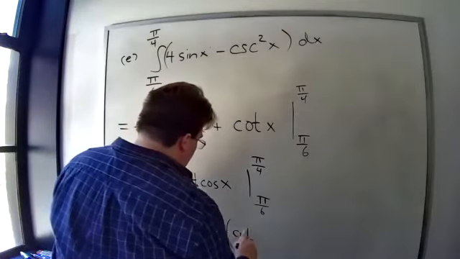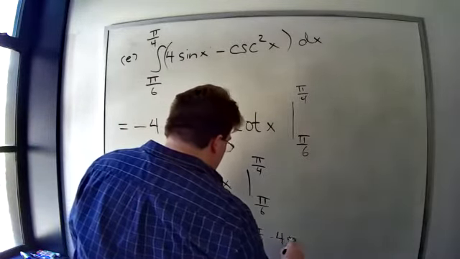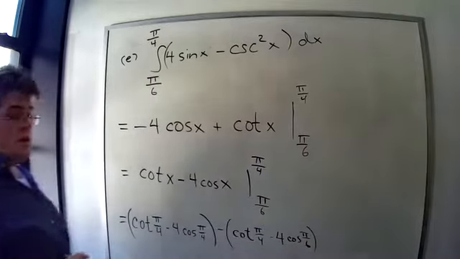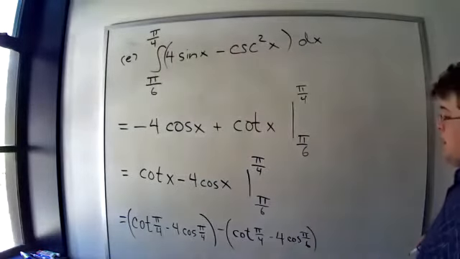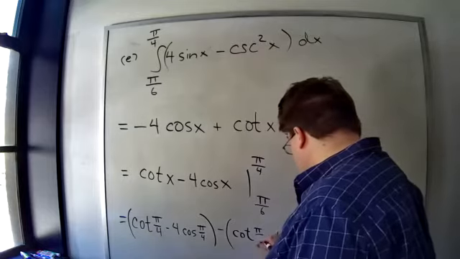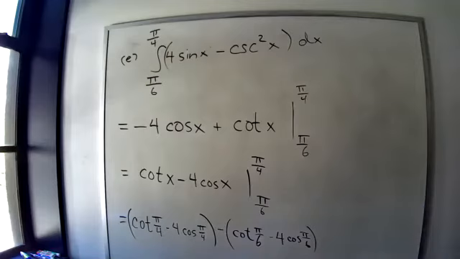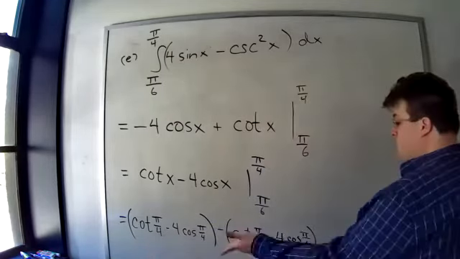So minus the cotangent of pi over 6 minus 4 times the cosine of pi over 6. And what do we get here? Well, we need some triangles. Sorry, that should be a 6. So substitute pi over 4, we get this. Substitute pi over 6, we get that.